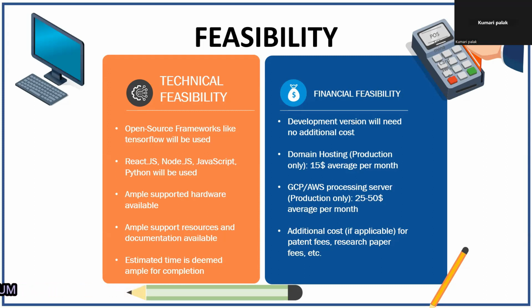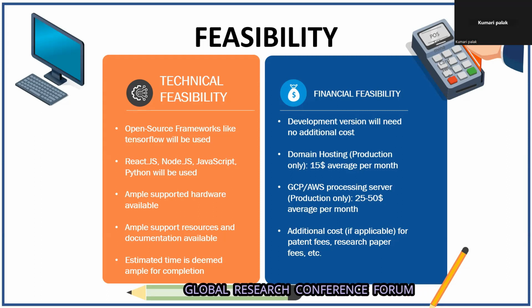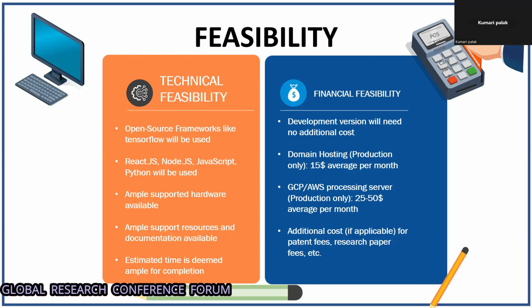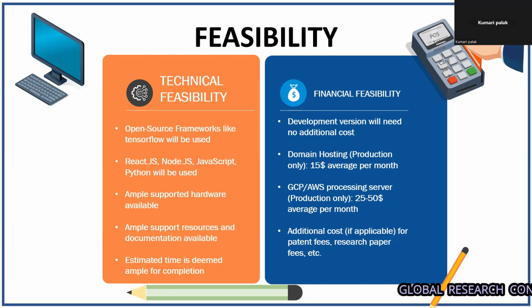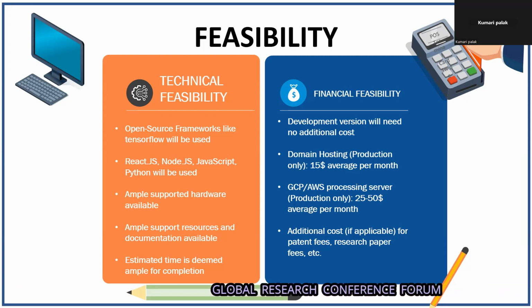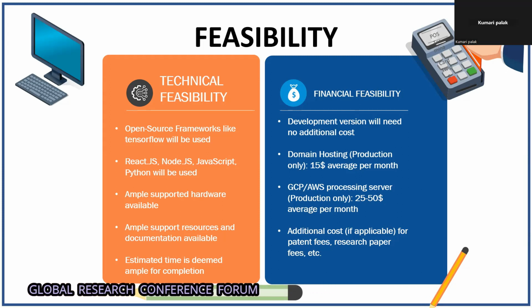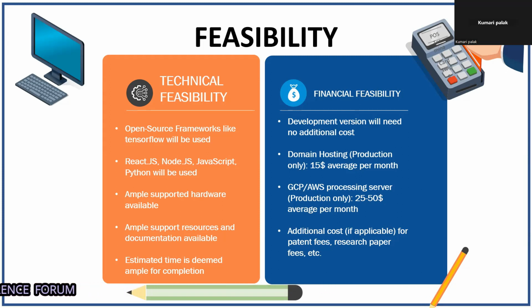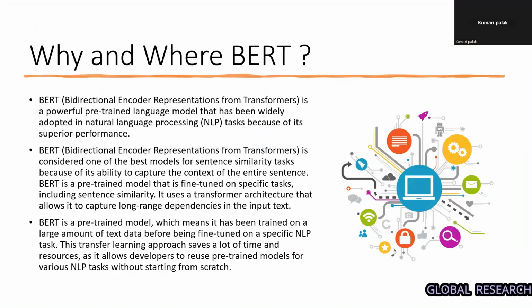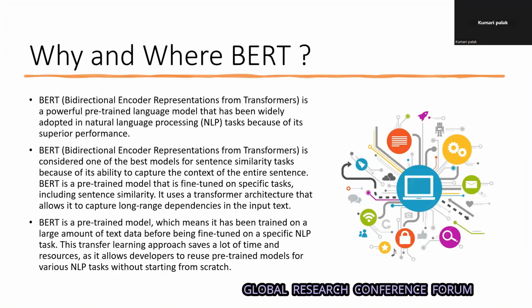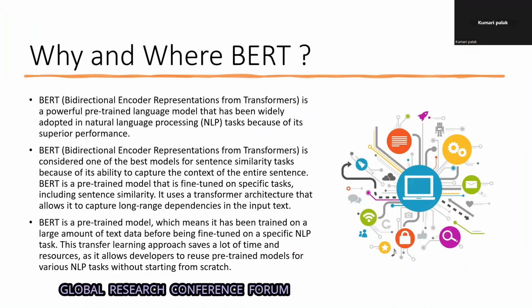For financial feasibility, as we are currently running on the local system, it does not cost anything right now, but later in production it will cost about 25 to $50 per month, which will be the hosting cost for AWS and GCP.